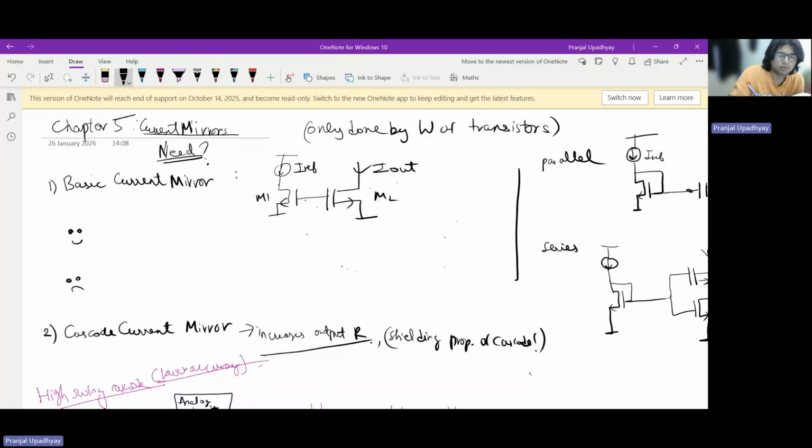While starting this, I want to pose one question. We already know the need of current mirroring, because to bias our circuits, we need a certain amount of bias current. Now, to have that bias current, we also need some bias voltage. And on chip, it is typically not straightforward to generate bias voltages.